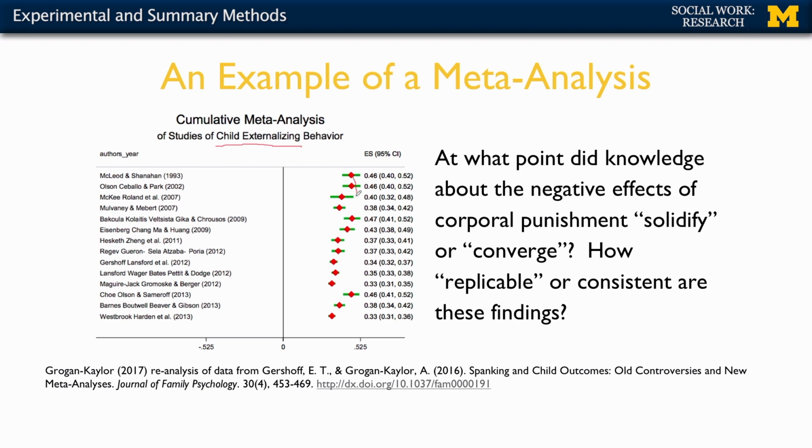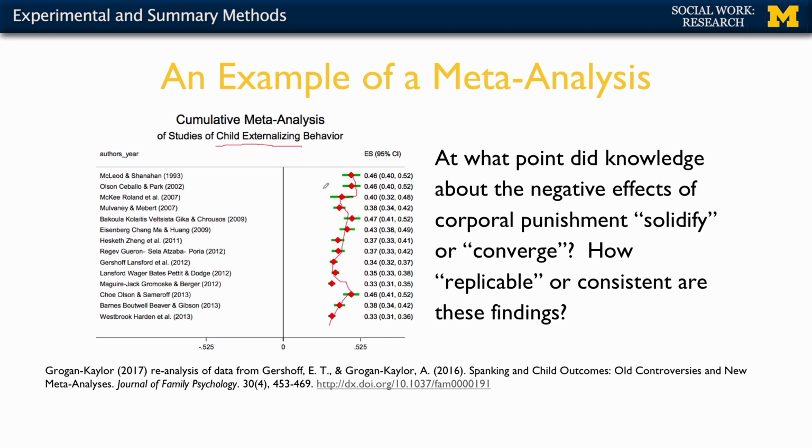The red dots indicate the strength of the conclusion of each individual study, the size of the effect that each individual study found. And in each case, each of these studies found that use of physical punishment increased the amount of child externalizing behavior. The green bars are an indicator of the confidence or the precision of that conclusion.